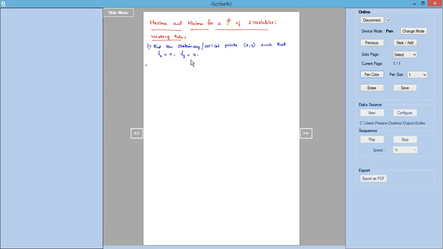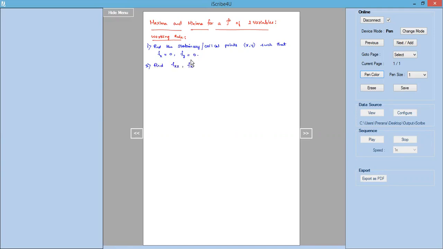Next, in the second step, we find the second order partial derivatives fxx, fxy, fyy.